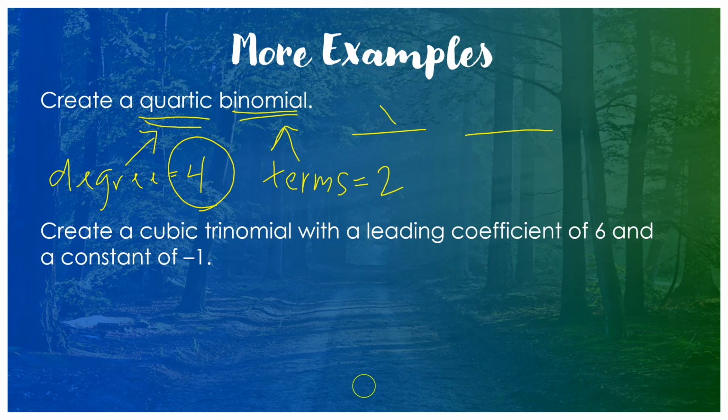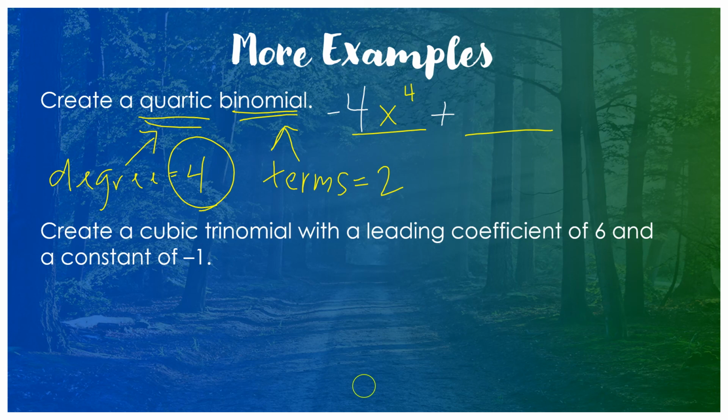So I know I'm going to have x to the 4th, or y to the 4th, k to the 4th, m to the 4th. Again, you guys can create this however you want. And now, for the rest of it, you can fill in anything. You could put a coefficient of -4 out front, plus or minus.